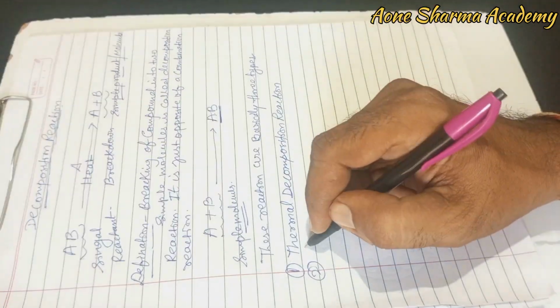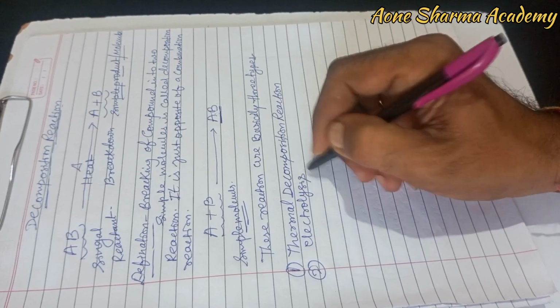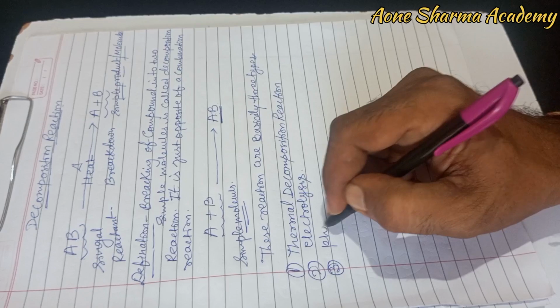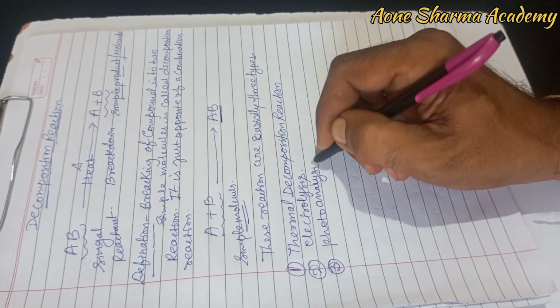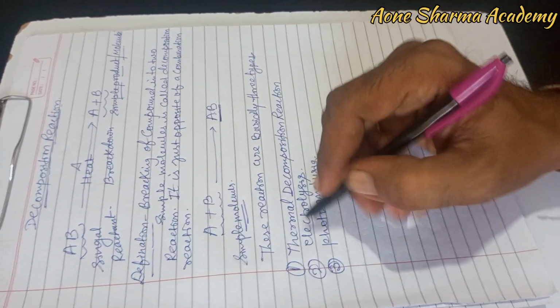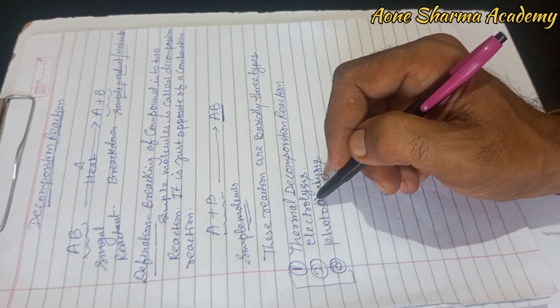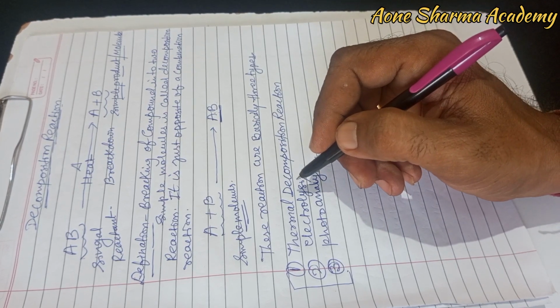Second is electrolysis, and third is photolysis. There are three types of decomposition reaction.